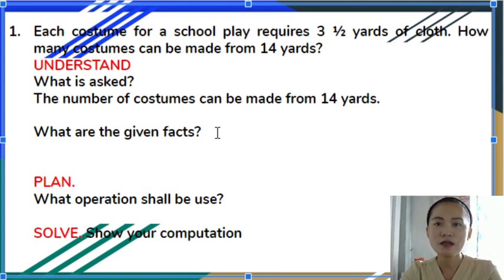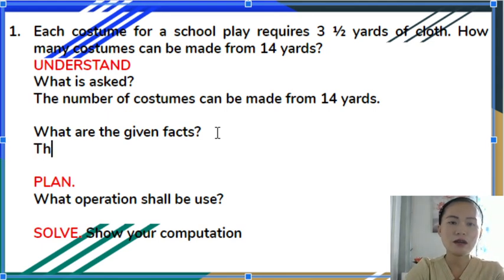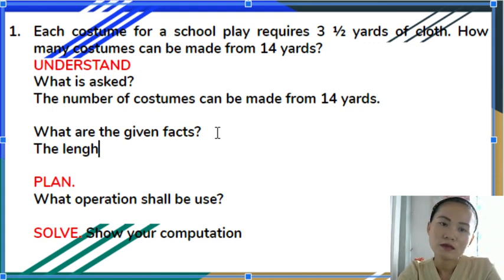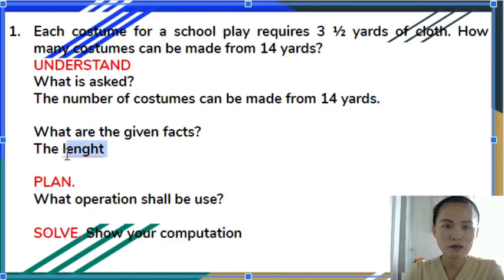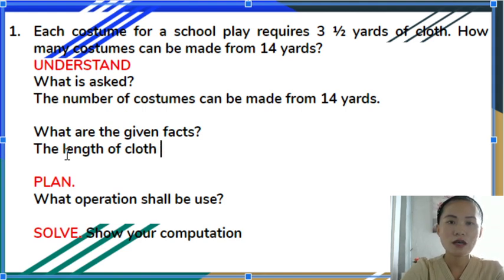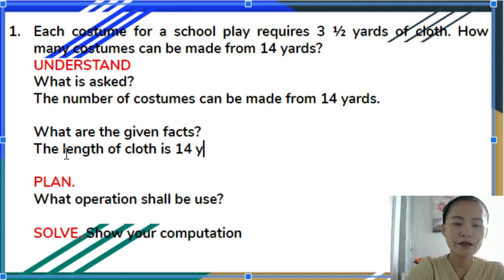So we have the length of cloth is 14 yards.